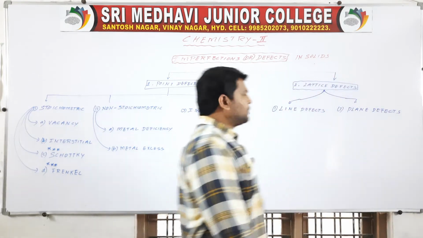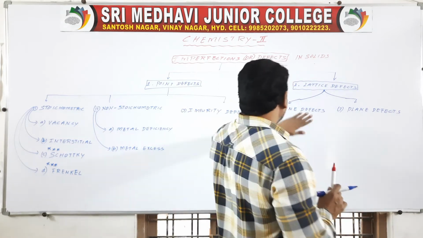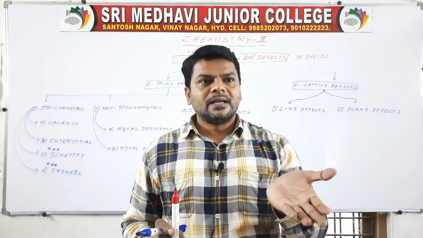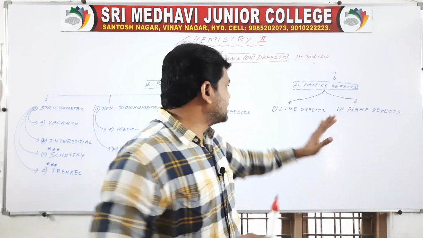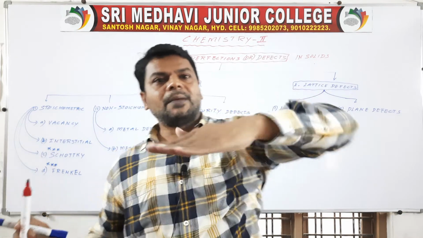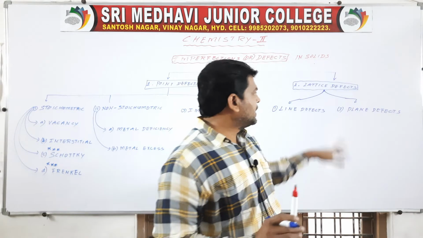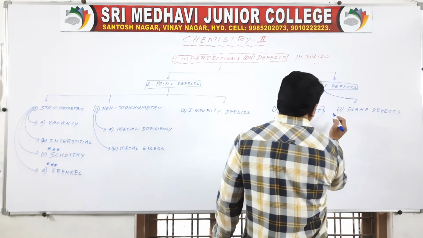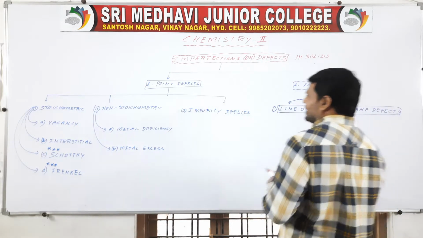These two defects we are not going to discuss in this class. Line defects: if you take a plane, atoms are arranged in a line, and the defects formed in the line are line defects. A crystal has many planes, first plane, second plane, third plane. The defects around a plane are plane defects.